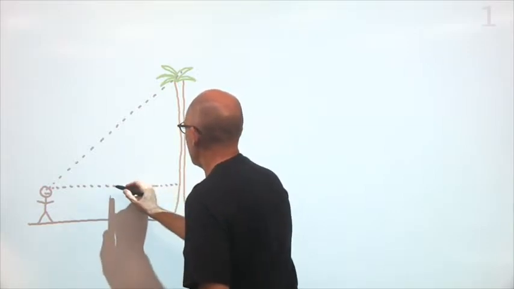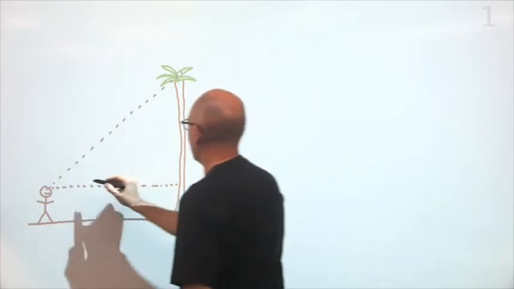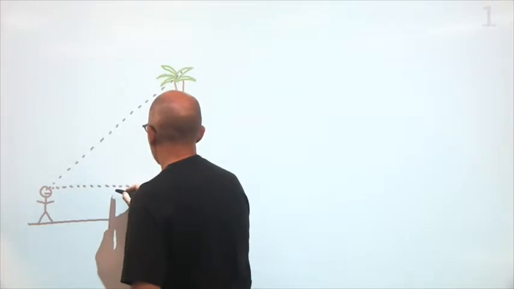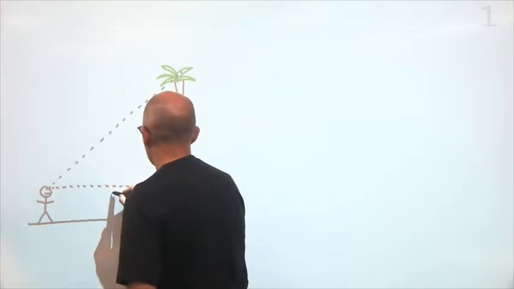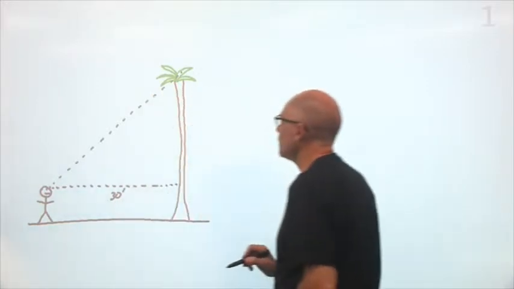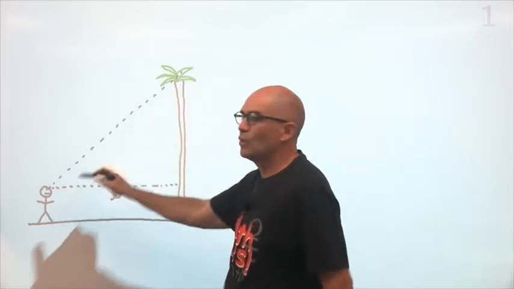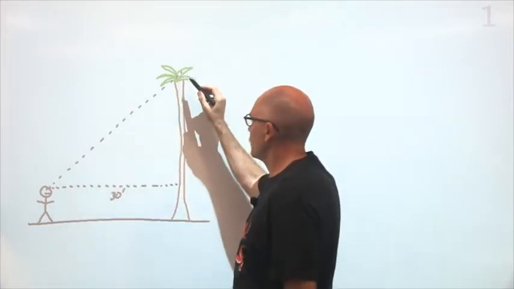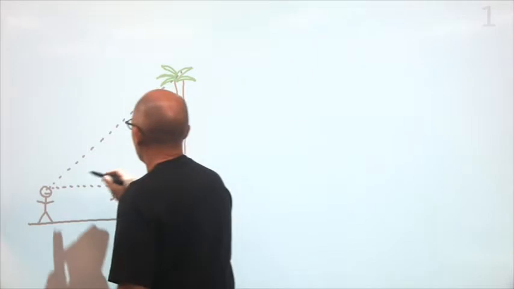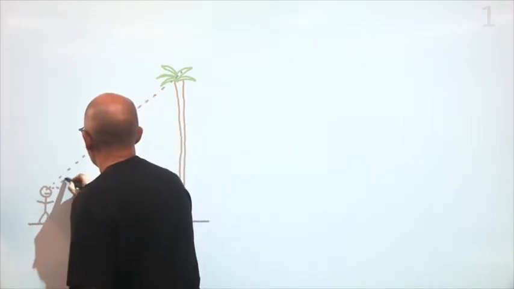You measure this distance, and let's say this distance is 30 feet. Now, you also measure the angle when you look up at the top of the tree. And let's say that angle turns out to be 40 degrees.